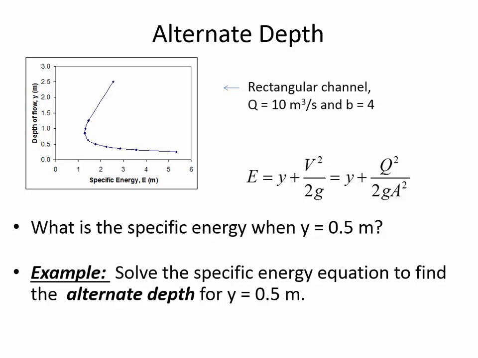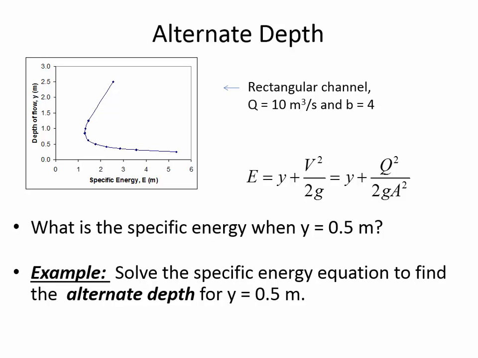So what's the alternate depth to 0.5 meters? Look at the graph, the SED, and tell me what's the alternate depth to 0.5 meters? Yeah, approximately, just roughly, when we've got 1.77 and 0.5, yeah, 1.25 or so.